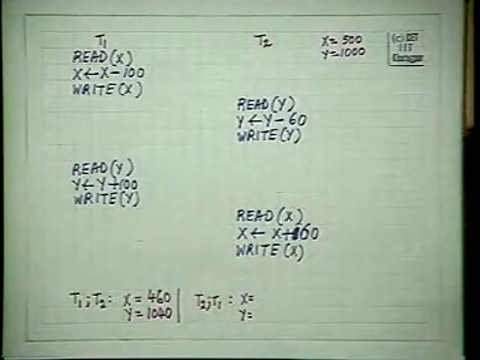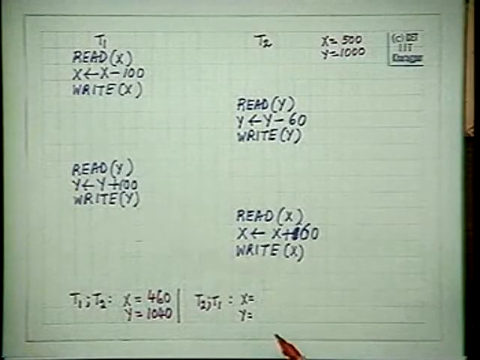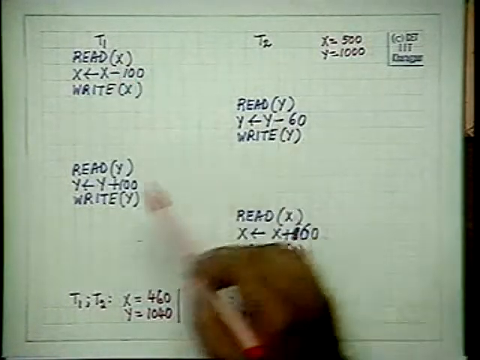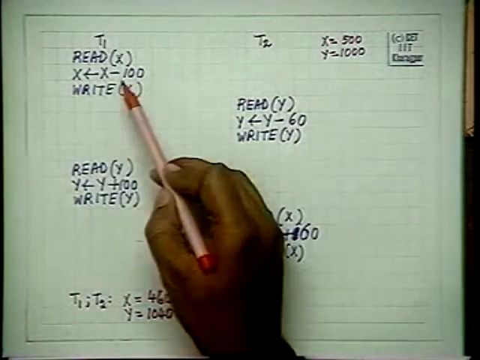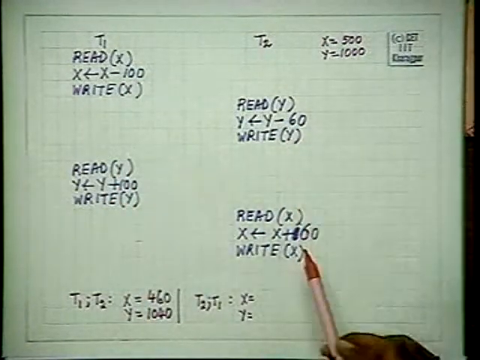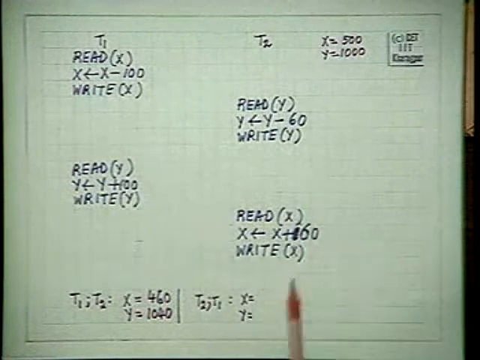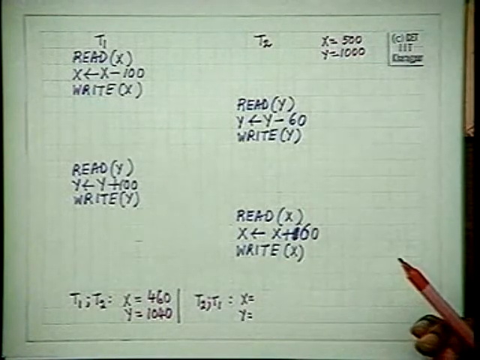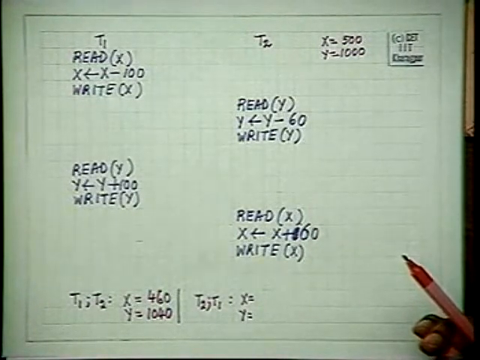But we have seen just some time before that even if we run them like this, this does x minus 100 and y plus 100, this does x minus 60, y minus 60 and x plus 60. Effectively, when they run together, one deducts 40 and the other adds 40.